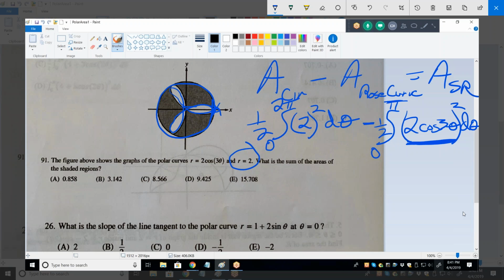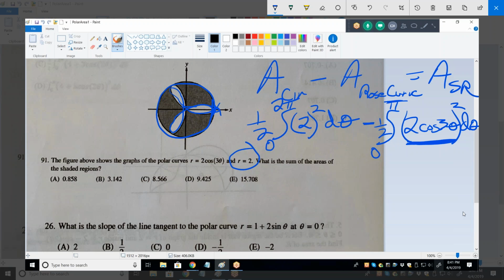Okay. And all rose curves are like that. You trace them out once going from 0 to pi. There's probably a lot of other curves that are like that also. I don't happen to know what they are, but the main thing you're going to deal with is rose curves.